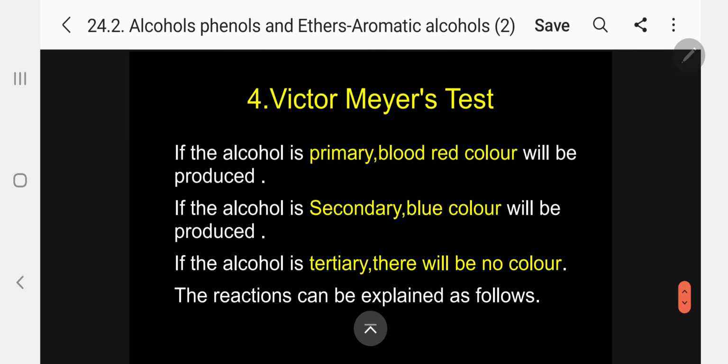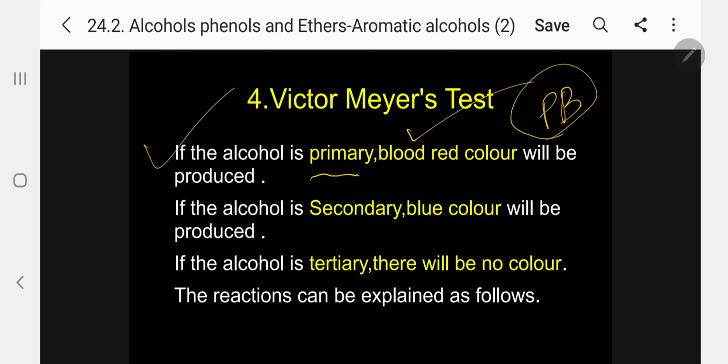During this reaction, if the alcohol is primary, blood red color will be produced. Please follow. Primary, blood red: you remember like this, PBR.